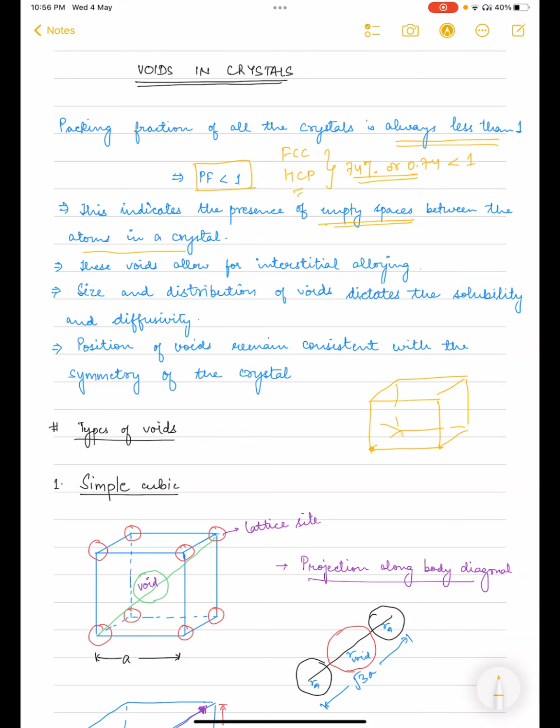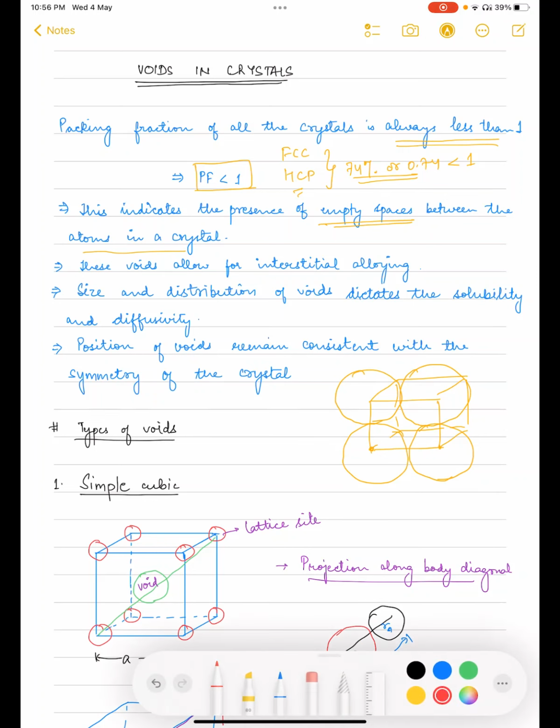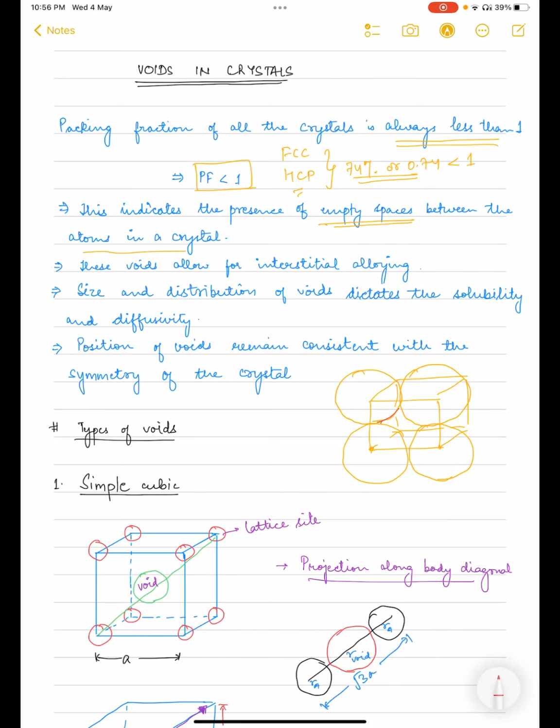So, suppose this is your atom. When they are in contact, there is still space left between them. See this space. This is still left out.